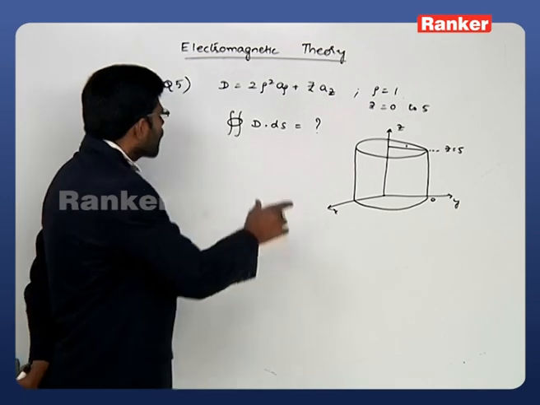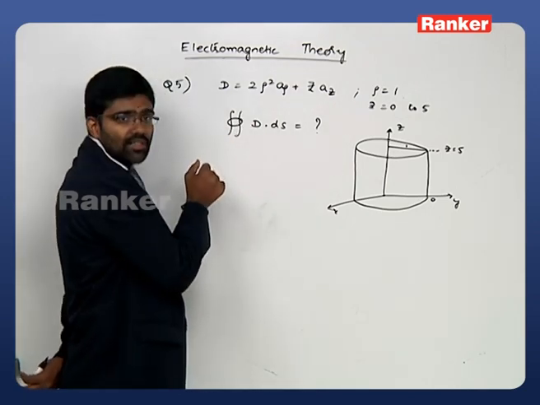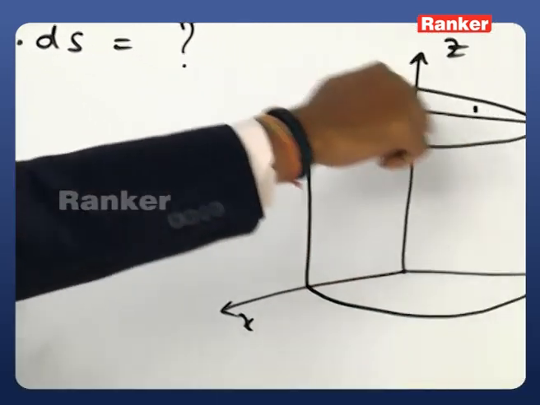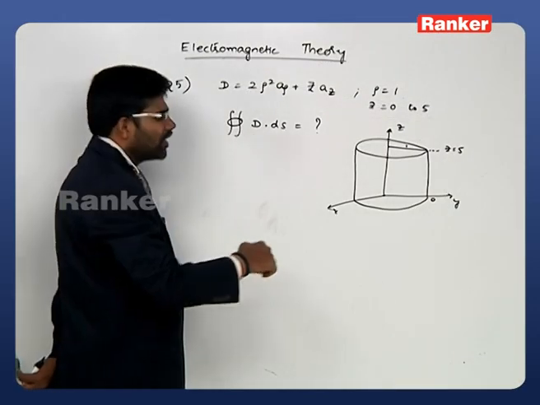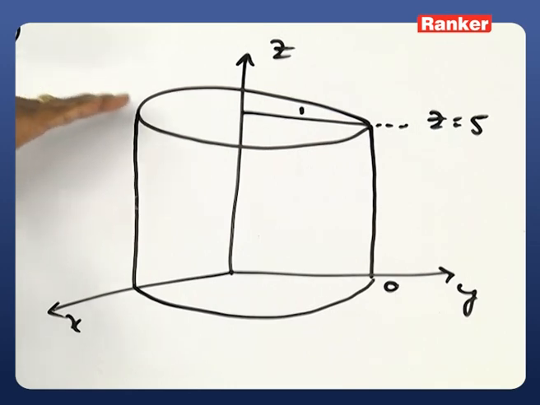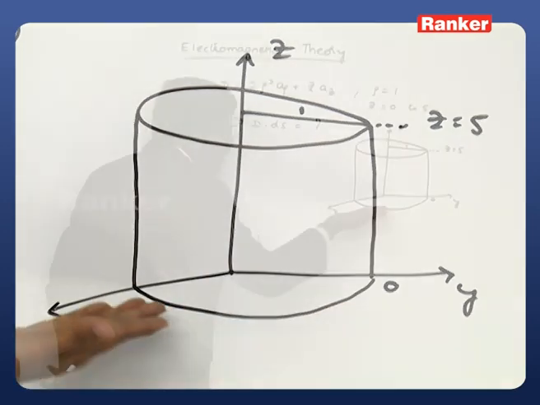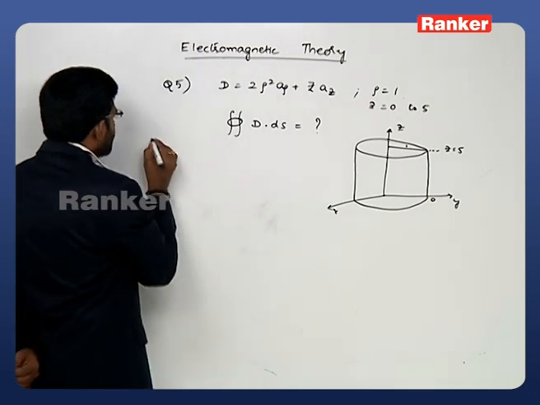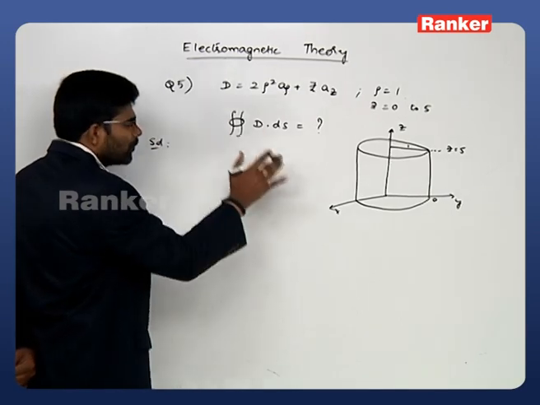So the total surface integral, here it is a closed surface integral, includes the integration of D around the curved surface, integration of D along the top surface, and integration of D along the bottom surface. So I will write this as the summation of those three.